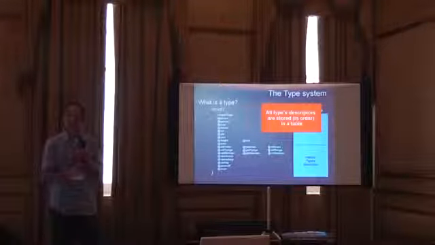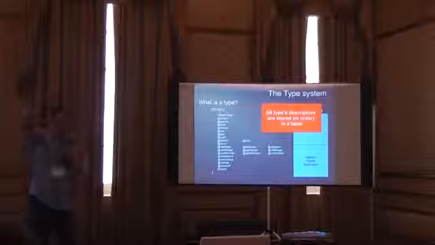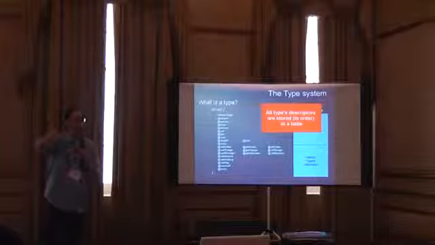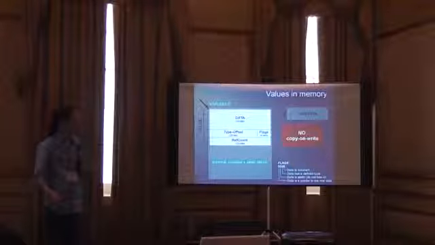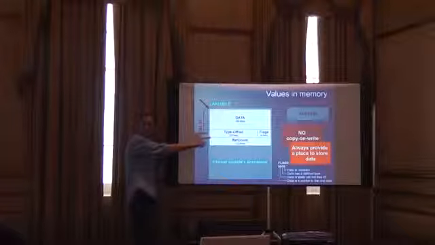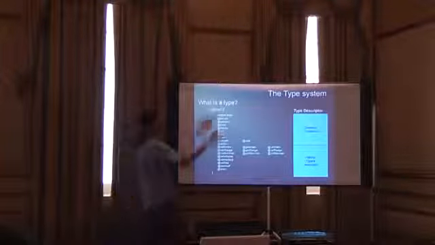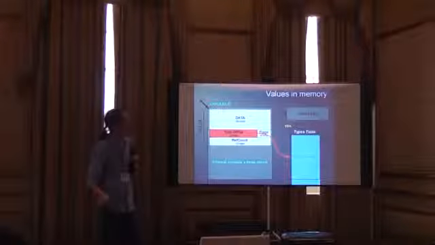The other part is that all those type descriptions are put in the table next to each other, so that's why we can have an offset here. Those offsets are always a reference to the beginning of the table.